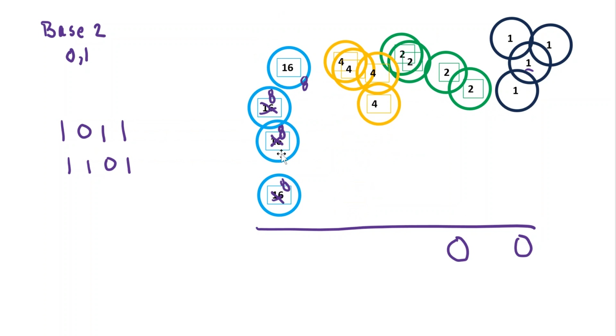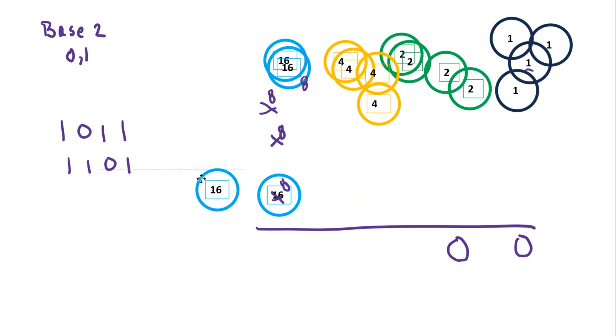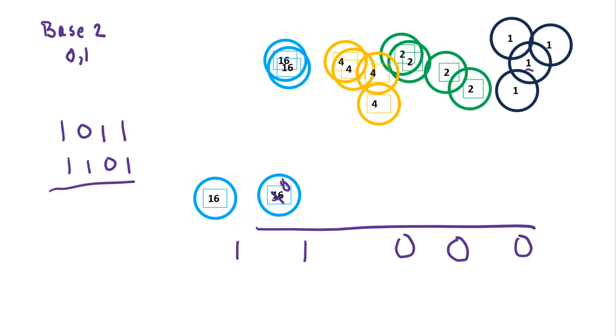Okay, but I've got too many of these, so I'm going to trade them in. And the next one that I would have is a 16, so I'm going to put that right there. So I didn't have anything here after I did those tradings. I've got one of these and I've got one of these. So this number, when I add these together, would be 1, 1, 0, 0, 0 in base 2.